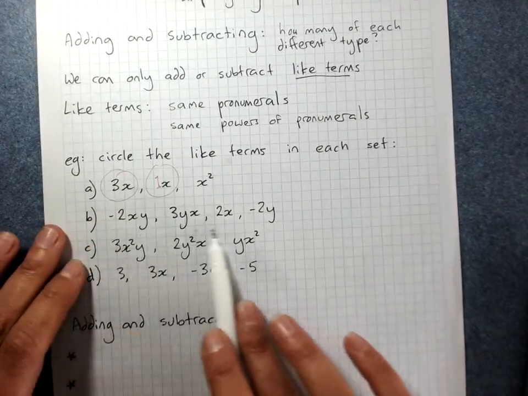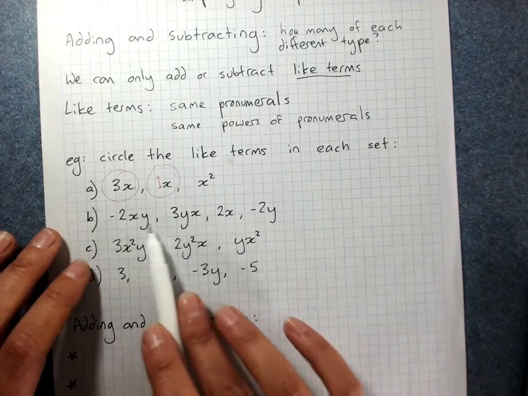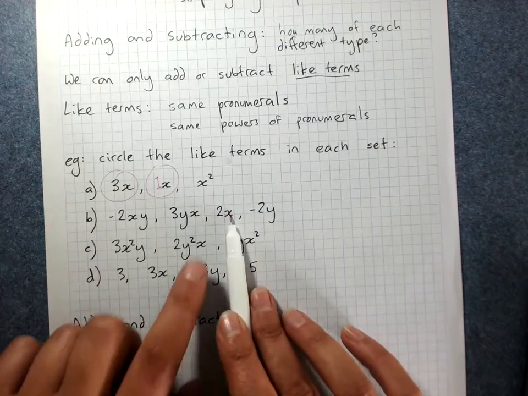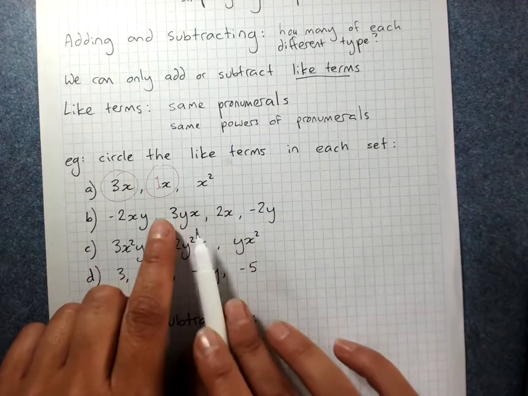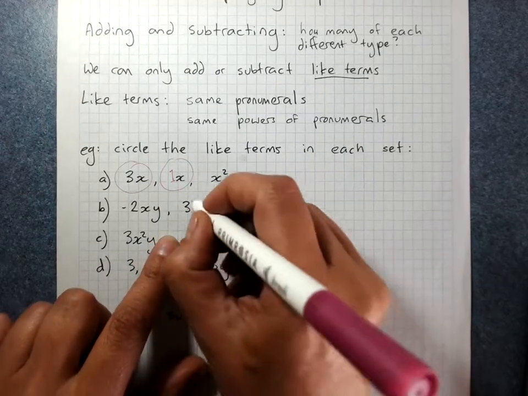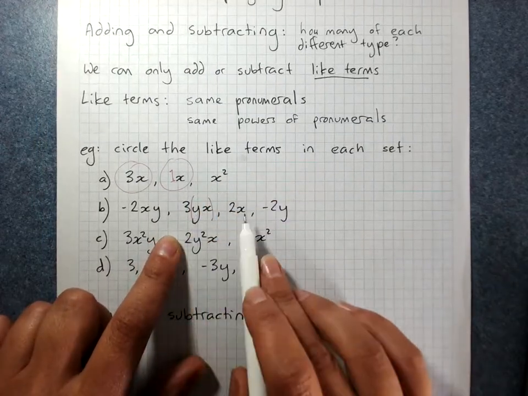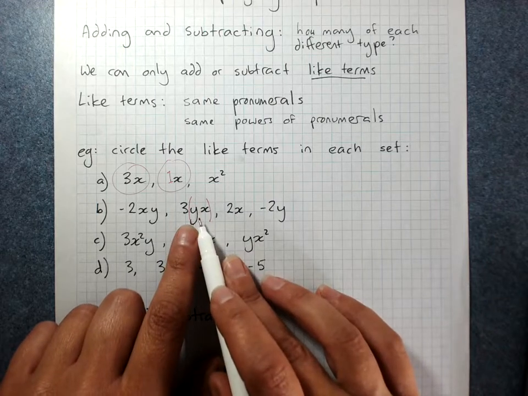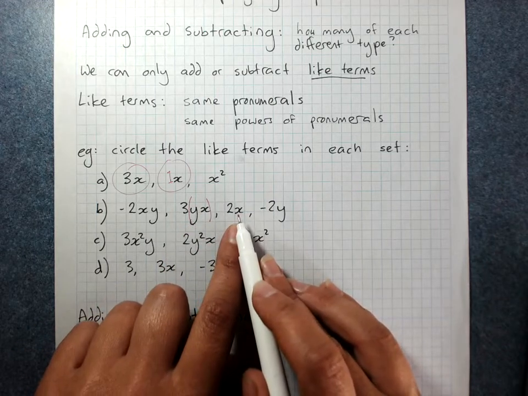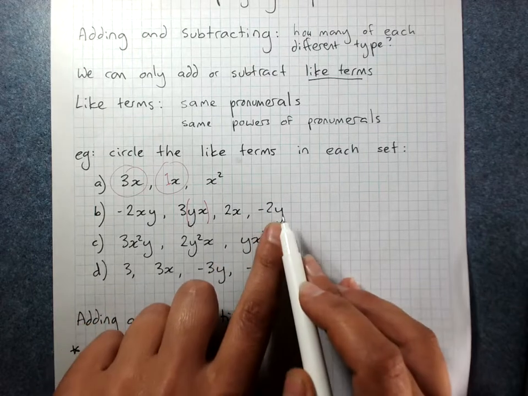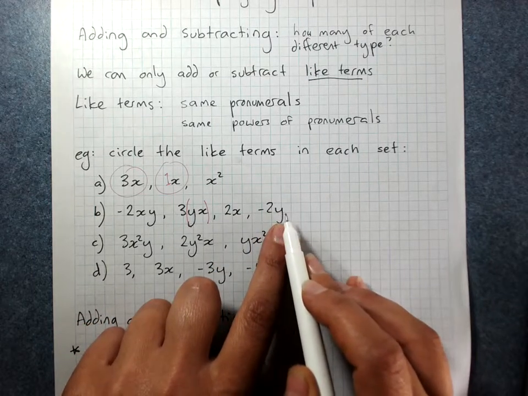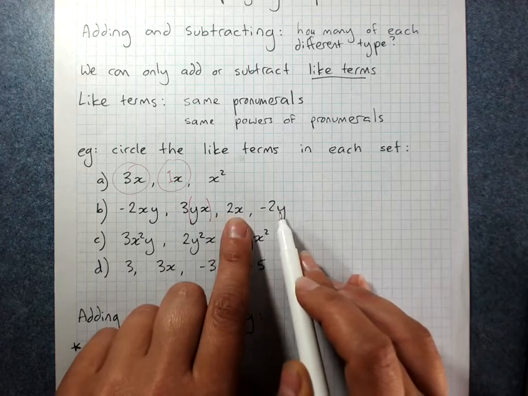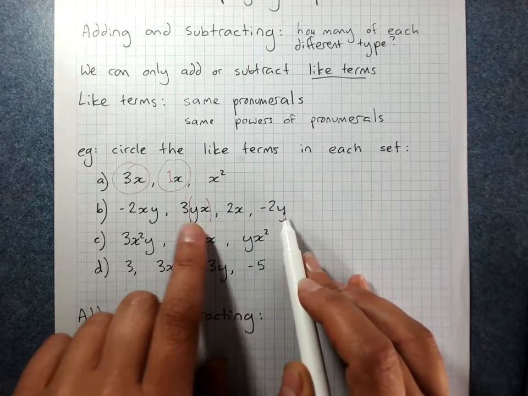Look for the like terms in this set. There's an x here and there's an x here, but this is saying 3 lots of yx. This is just saying 2 lots of x. I don't know what yx is, but I know it's different to x. I don't know what x is, but I know it's different to y. x and y aren't the same. y and yx aren't the same.